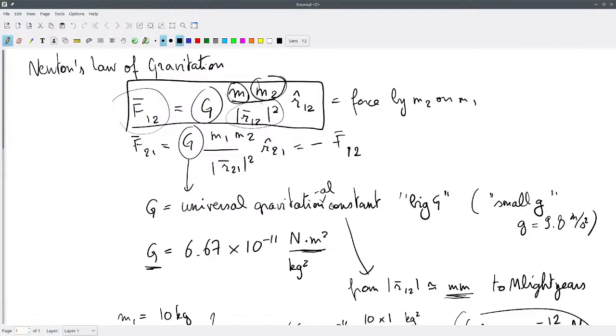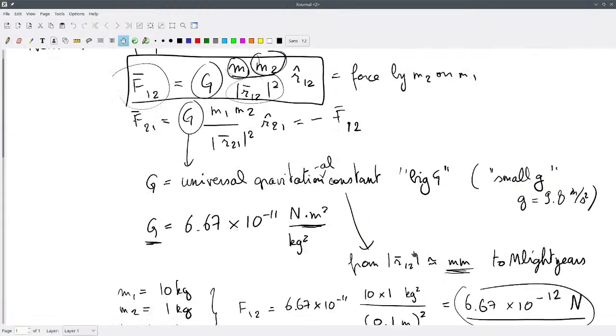And that's where the difficulty lies in that particular type of measurement of the universal gravitational constant, because we can't just go to another galaxy and weigh it or decide what its mass is. We have to derive that from other measurements as well.